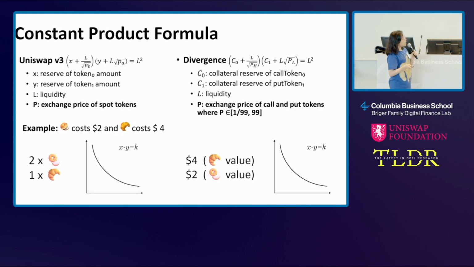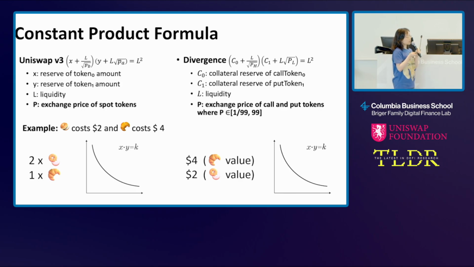In our AMM design, we use the same constant product formula as Uniswap v3. The main difference is that the exchange price of this curve is the price of call and put tokens, and that is a cross rate. And we use the collateral reserves for these call and put tokens for the curve.